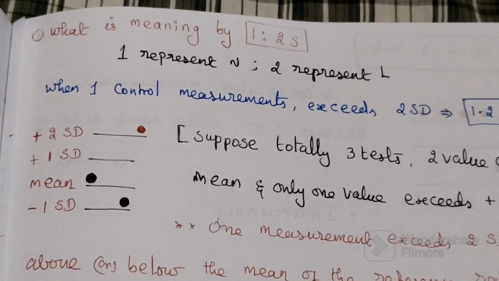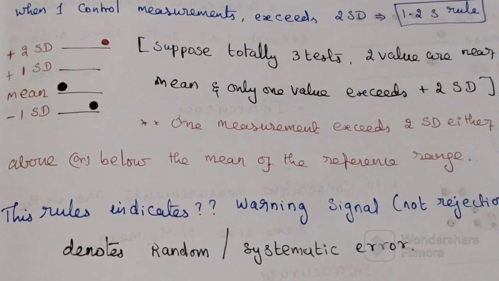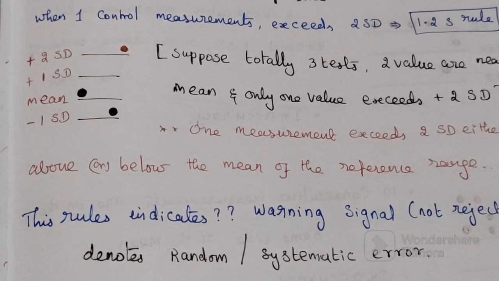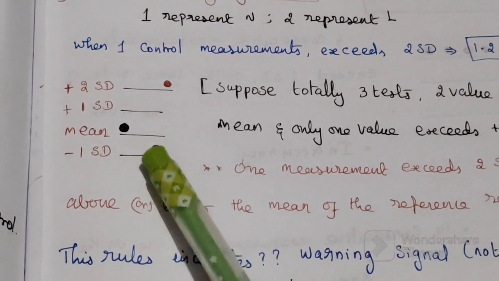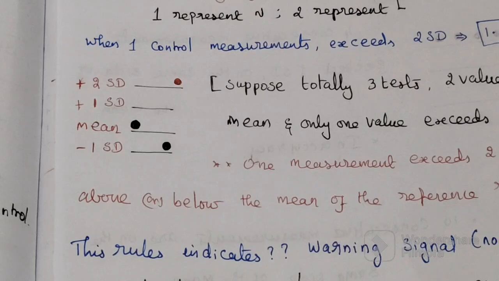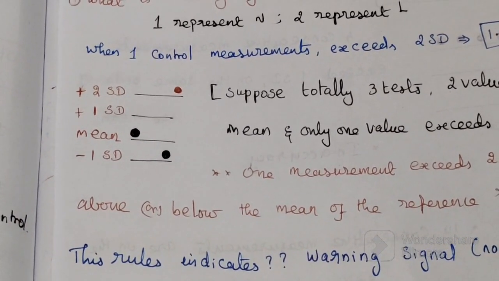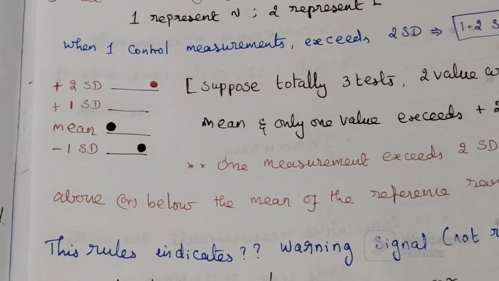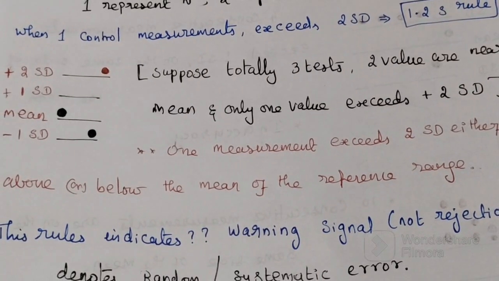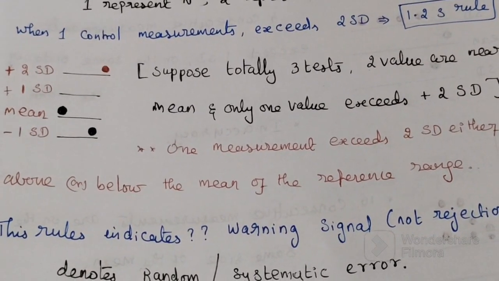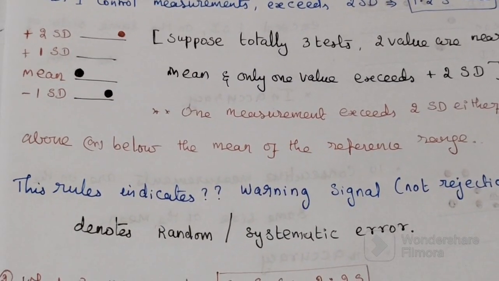Here you can see 1 control measurement exceeds plus 2 standard deviation. That's why it is called the 1-2s rule. Now what does the 1-2s rule indicate? It is just a warning signal. It is not a rejection rule. And 1-2s denotes a random error or the beginning of a systematic error.